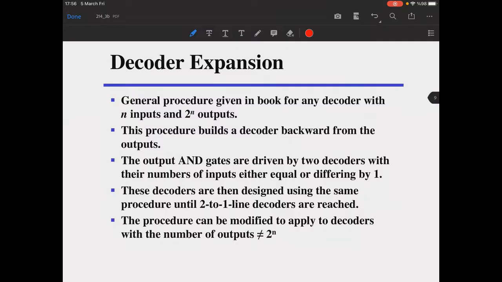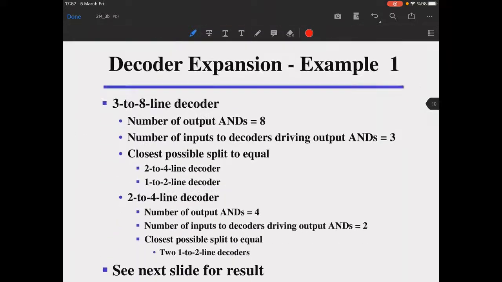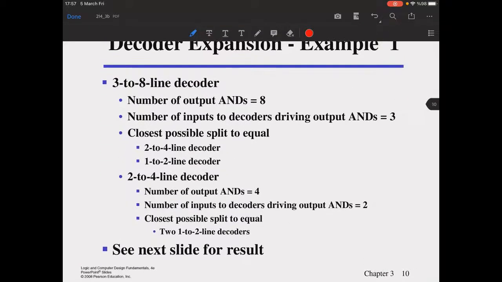So whenever we want to expand those decoders to have larger decoders, we start from the total number of inputs and outputs and try to go back and implement them with smaller packages of decoders. For example, if you want to build a 3 to 8 line decoder, split them in the most logical or most efficient way, like for example in the middle.